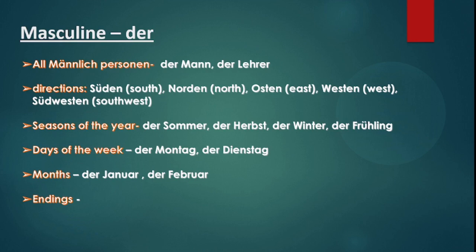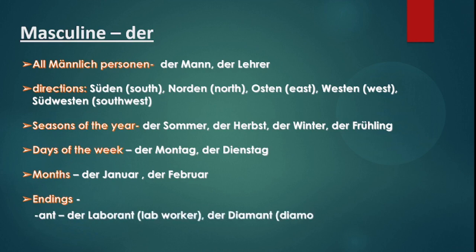We'll see the first ending, for example, ant, which means whenever you see ant at the end of the word, that means they belong to the masculine category. They come with der as the article. For example, der Laborant, which means lab worker. Der Laborant, and you see there is the ending ant.